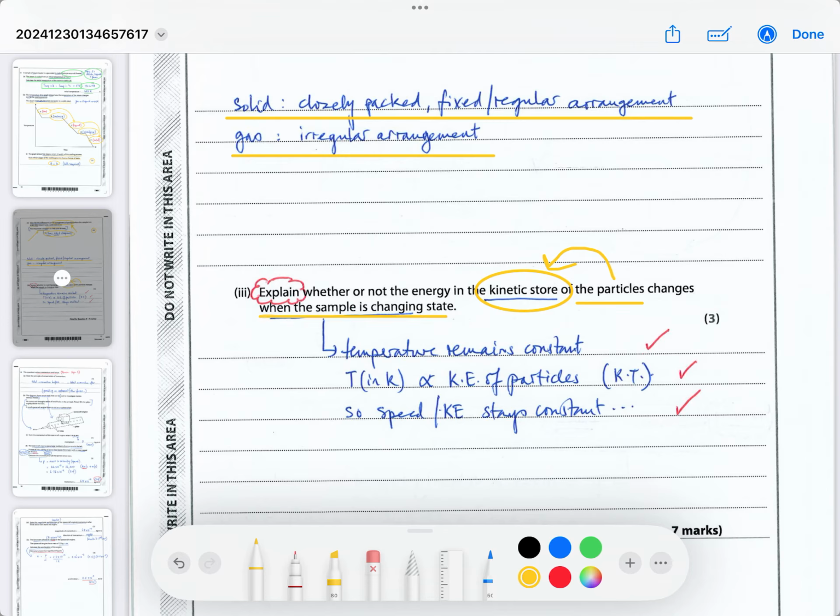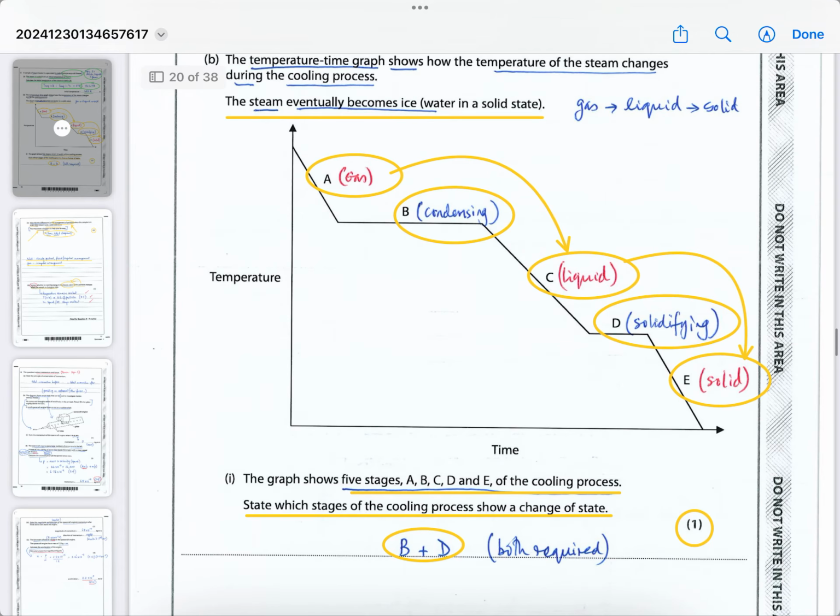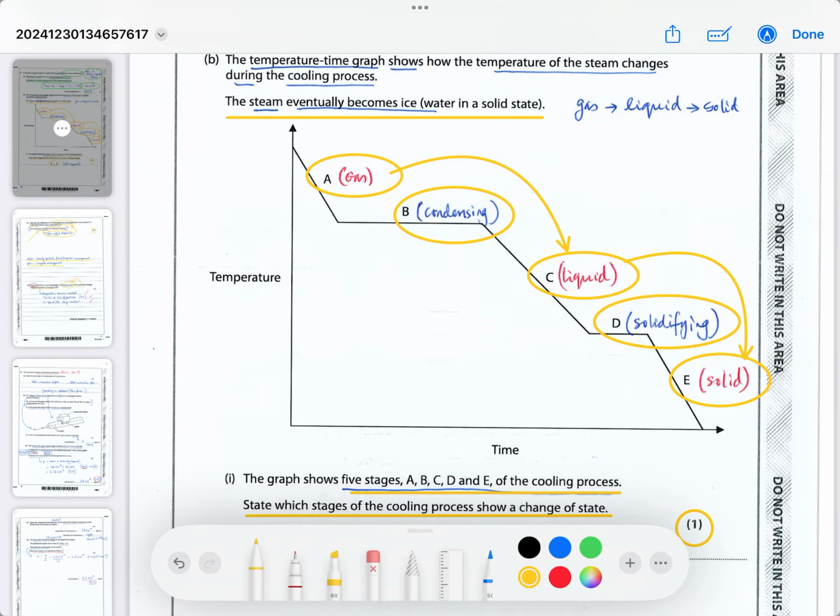Well, if you remember the graph, and we'll go back to the graph very quickly, during a change of state, what do you notice? You notice that the temperature is at a fixed value. Here, the temperature is at a fixed value.